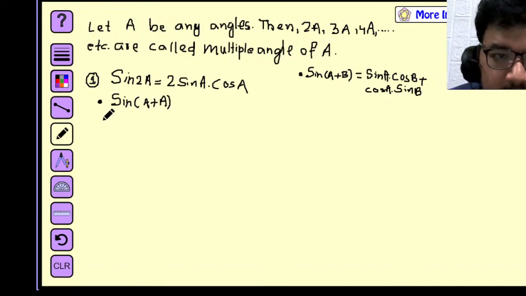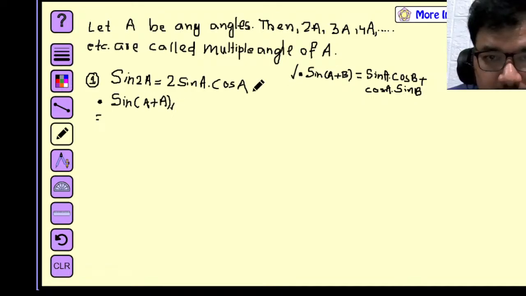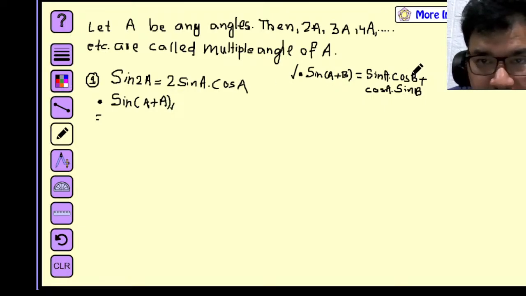Comparing this compound angle formula with our expression, in place of A there is also A, and in place of B there is also A. So wherever there is B, we will use A.